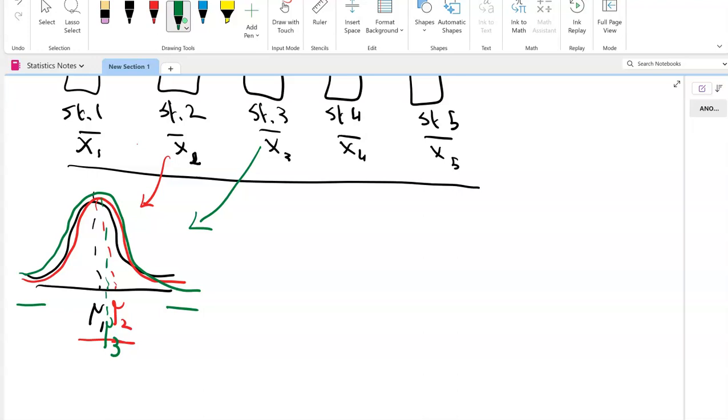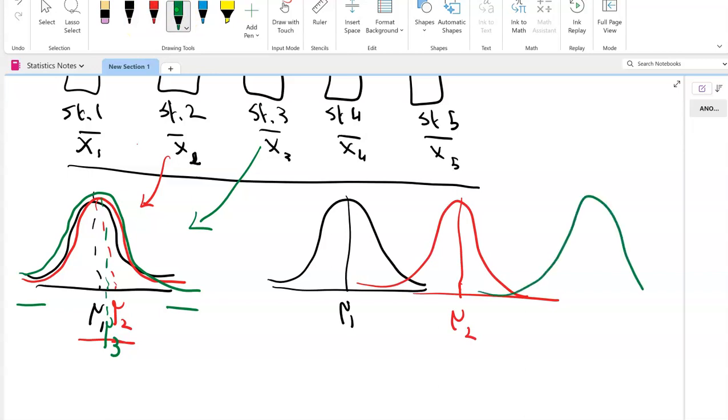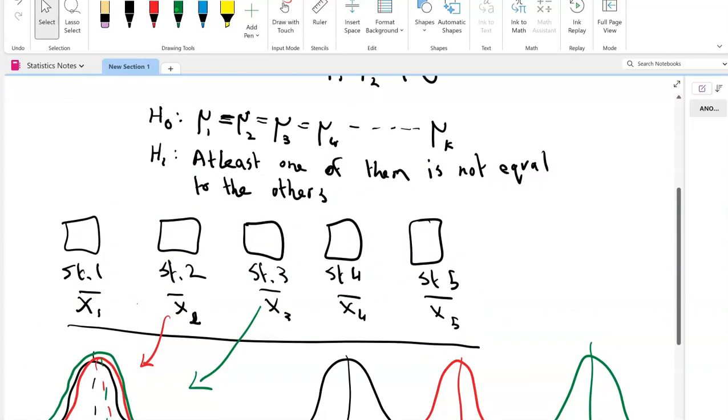On the other hand, if we have something such that, say this is mu1, we have mu2 here, and maybe mu3 is way out here, this shows us that these samples have very different means. And so then we can say that we probably may not be able to keep the null.